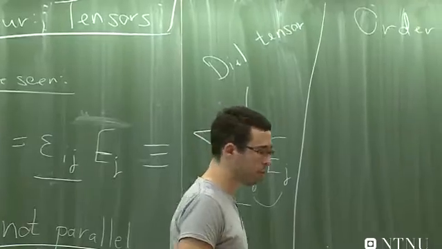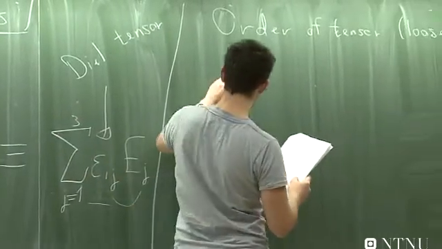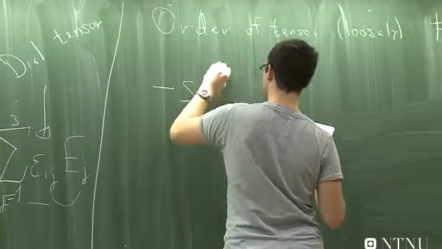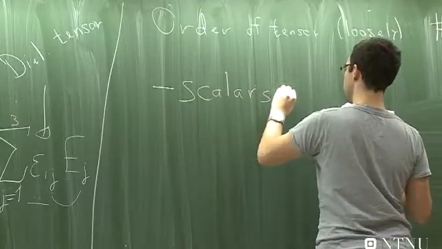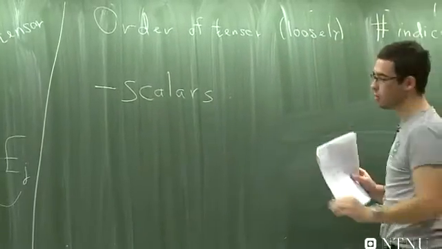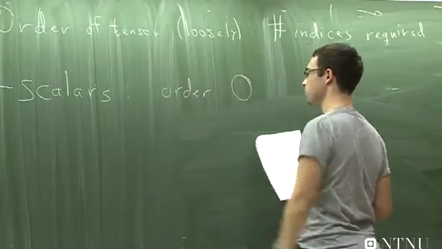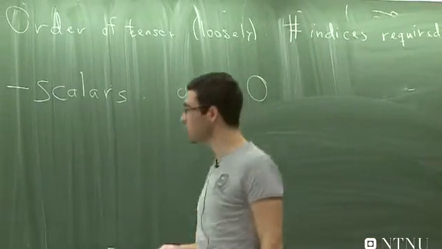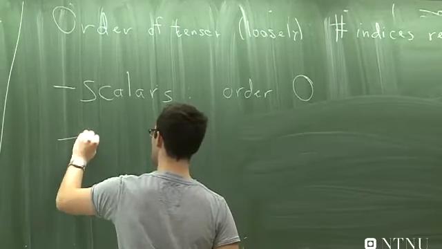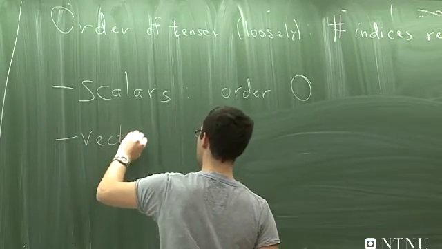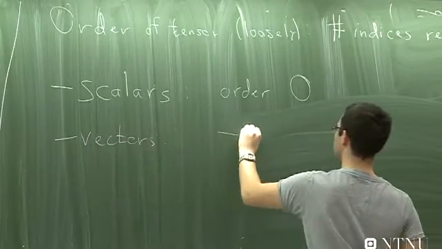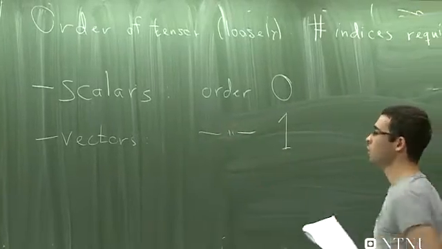Right, and we will go through the properties of the scalars. And these are order 0. You all know these from before. And vectors, which are order 1.